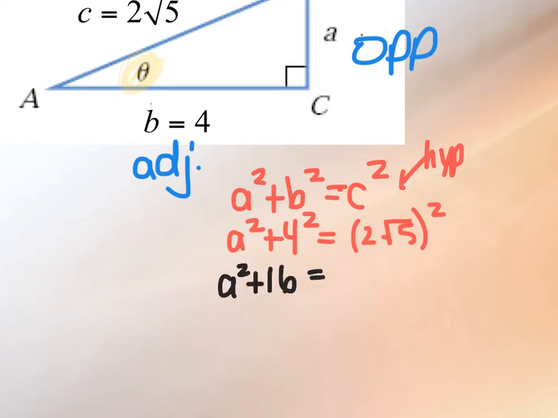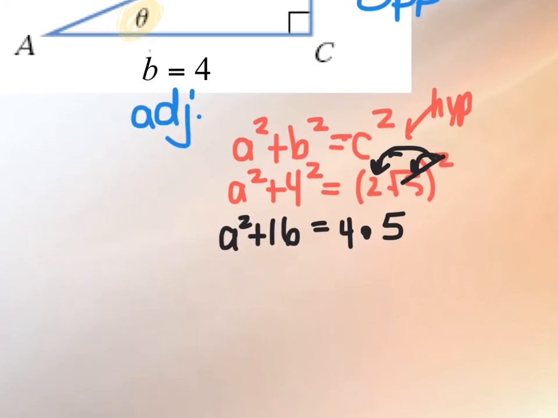That 2 goes where? On the outside. Where does that squared go? It goes to both things, to 2 and to the square root of 5. So 2 squared is 4 times, you told me it cancels out the radical, right? So this becomes 4 times 5, which is 20.